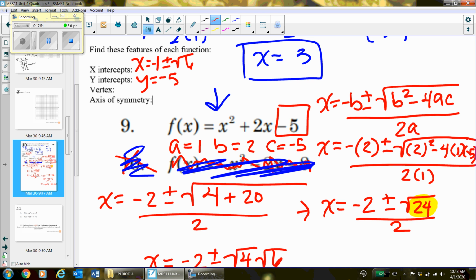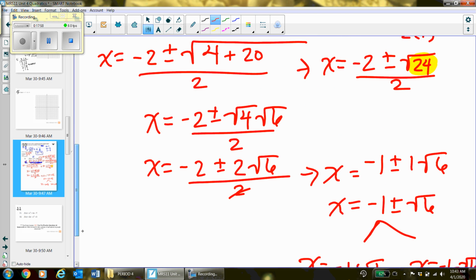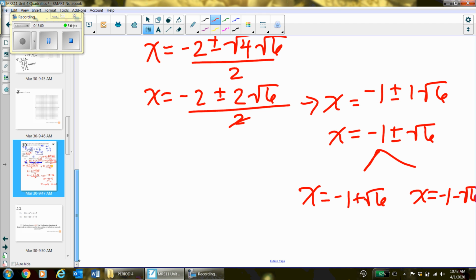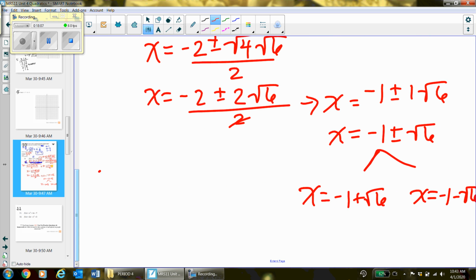Now let's go for the vertex. Actually, let's go for the axis of symmetry first. That should have been before that. So the axis of symmetry would be x equals -b over 2a.